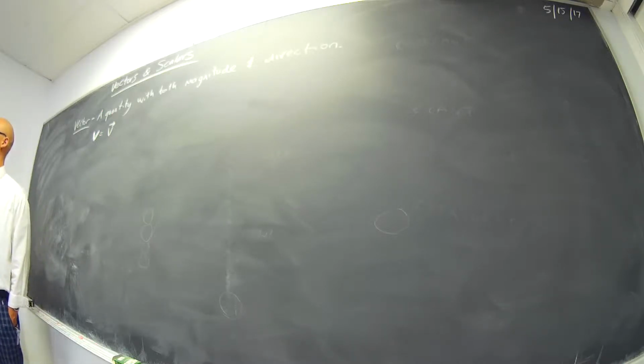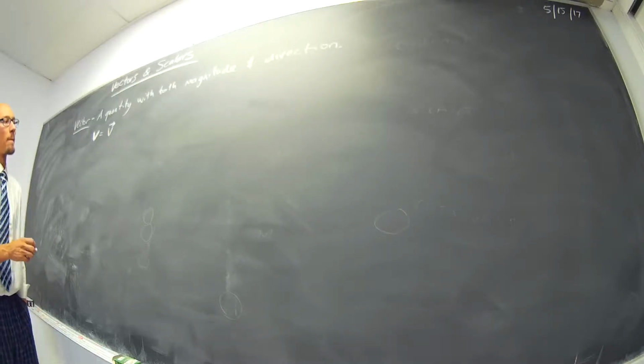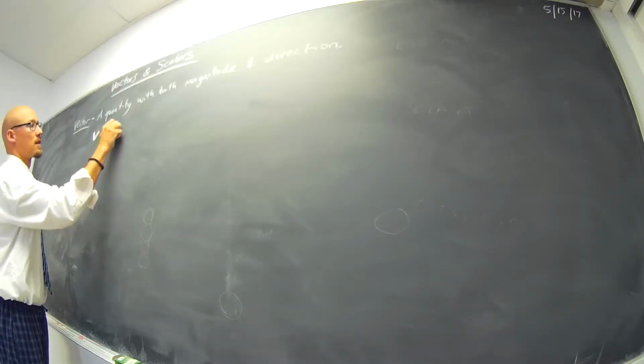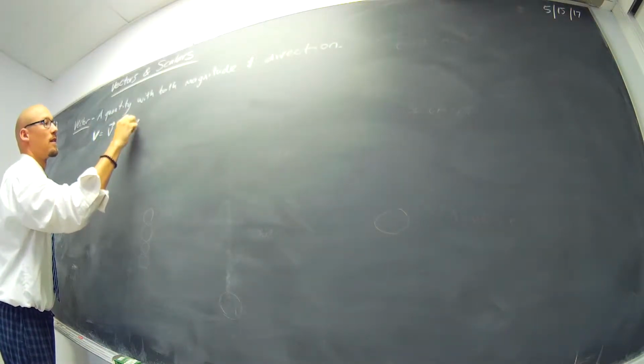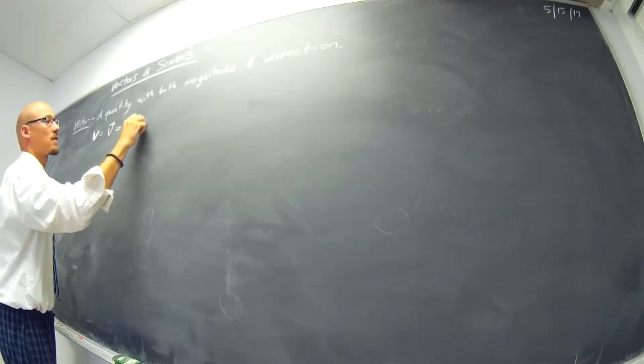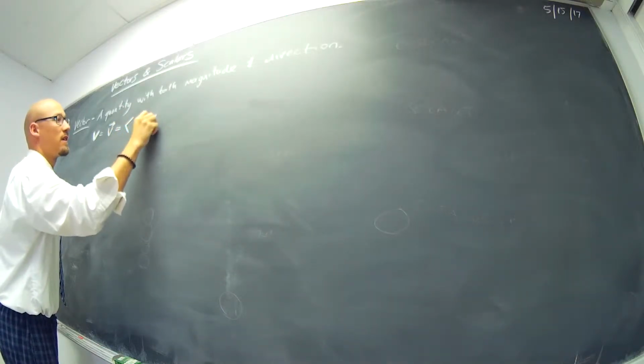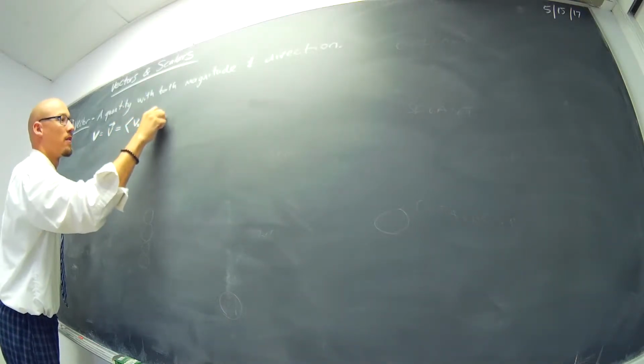Or it could be a bold v with an arrow over top of it, just to make sure you know it's a vector. And this can be written as angle bracket, the x component of the vector, comma, v sub y, the y component of the vector.